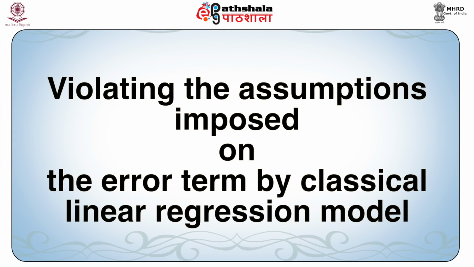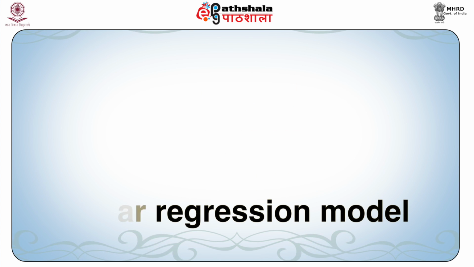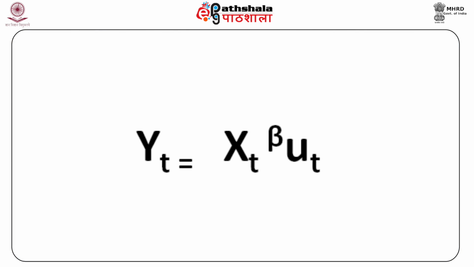Violating the assumptions imposed on the error term by classical linear regression model. Suppose the researcher estimates the following model: yt is equal to xt to the power beta into ut. In this equation, the stochastic error term mu t enters multiplicatively in the model. This might result in another specification error that results from incorrect specification of mu t.